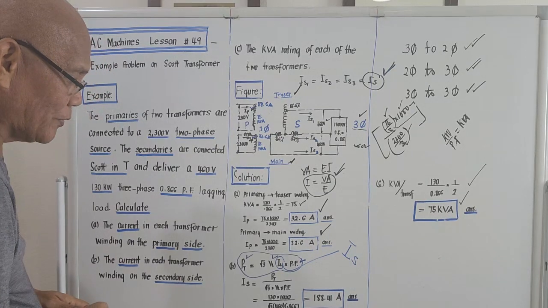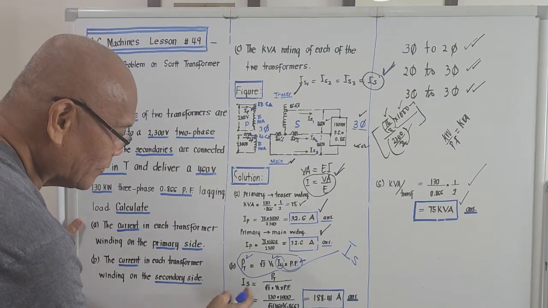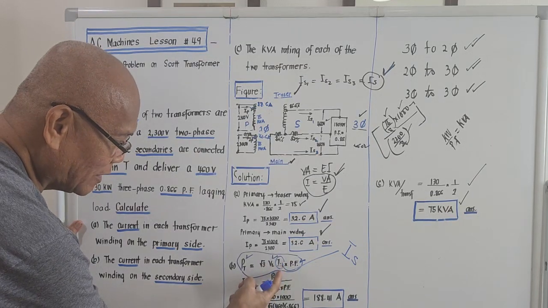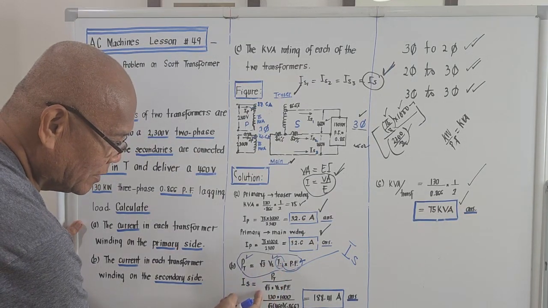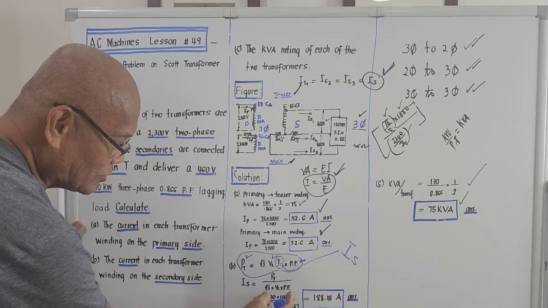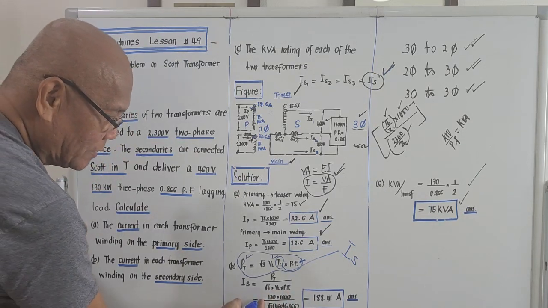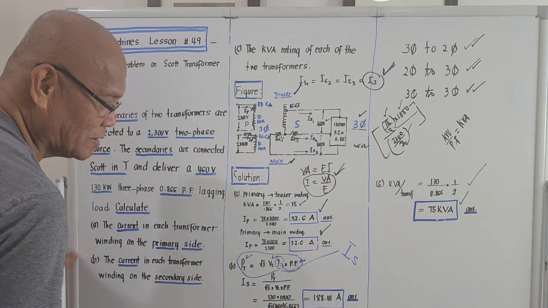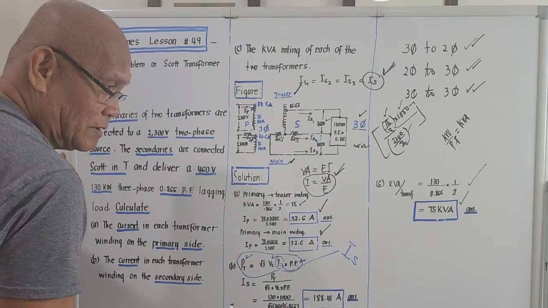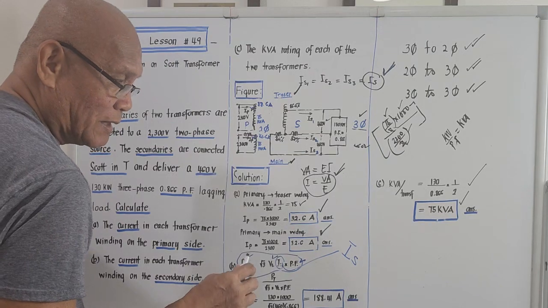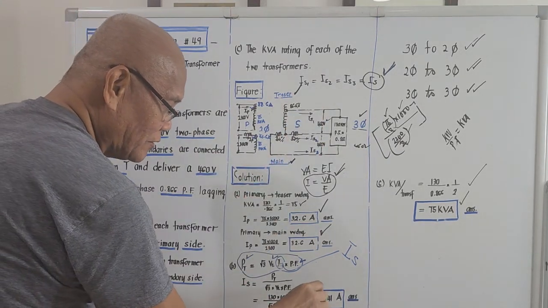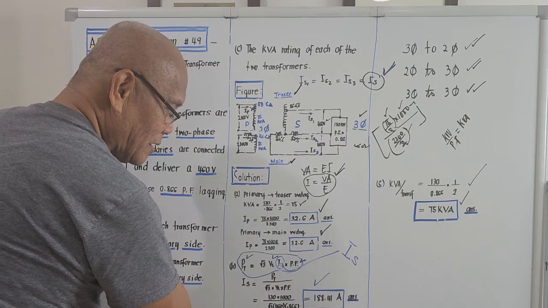And if we try to compute IS now by using this formula, we'll compute for I sub L. It should be P total over square root of 3, the product of voltage line to line times power factor. 130 times 1000 over square root of 3 times 460 times 0.866. The secondary line currents, which are all equal in each line, is 188.41 amperes.